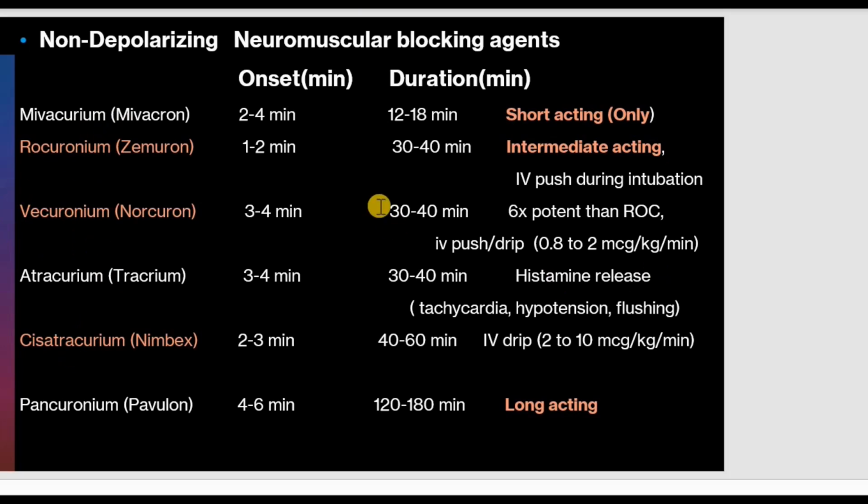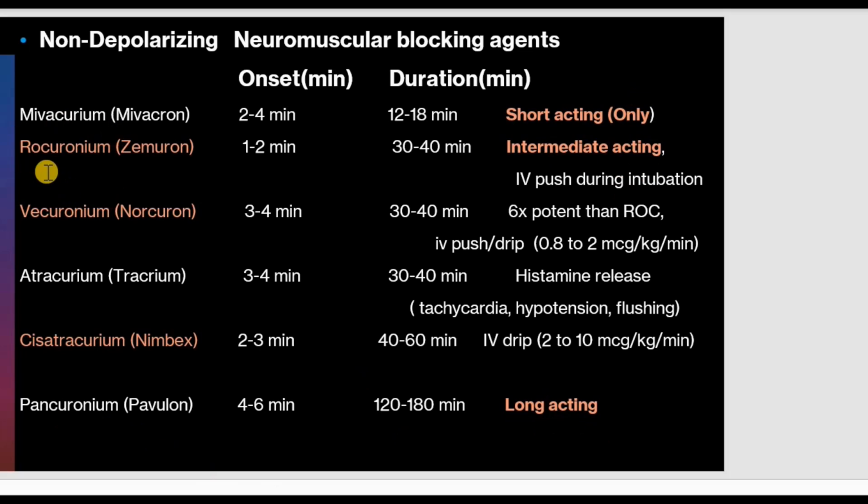Mivacurium: if you look at the onset of action, it is a few minutes. They all have an onset of less than 5 to 6 minutes, and the duration also stays around minutes. The only short-acting non-depolarizing neuromuscular blocking agent is mivacurium. Rocuronium, vecuronium, atracurium, and cisatracurium are intermediate acting, and pancuronium is the only long-acting.